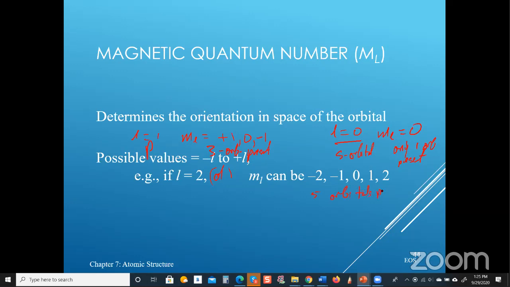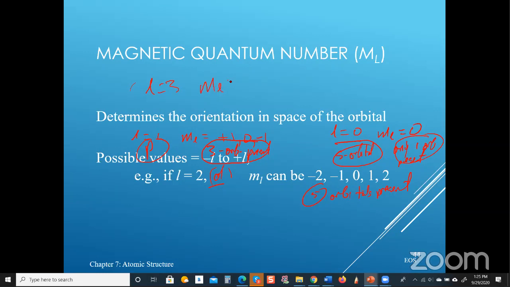So basically what this tells us is that the P orbitals appear in sets of 3, the S orbitals appear singly, and the D orbitals appear in sets of 5, all right? And then if you look at the F orbitals, L equals 3, ML is equal to plus 3, plus 2, plus 1, 0, minus 1, minus 2, minus 3.